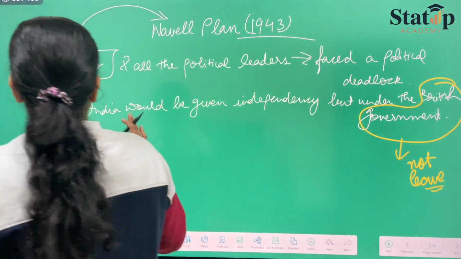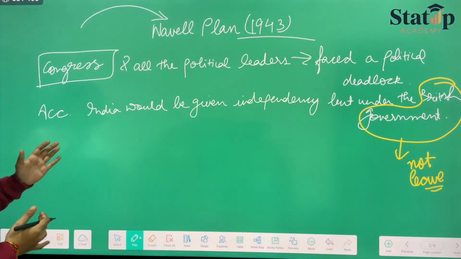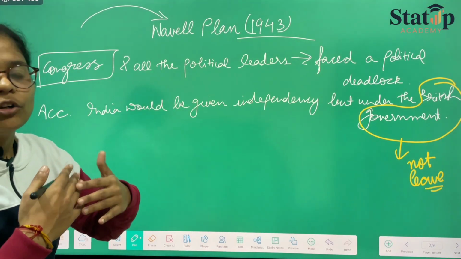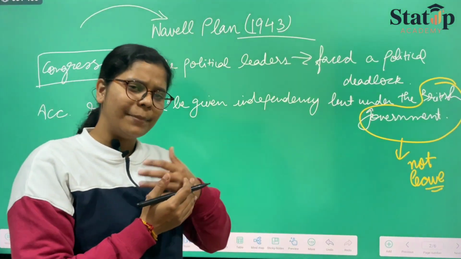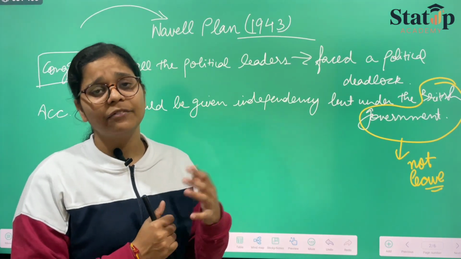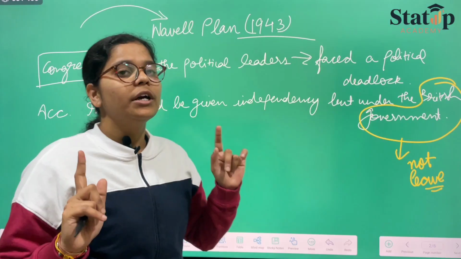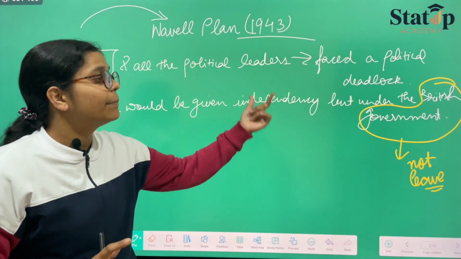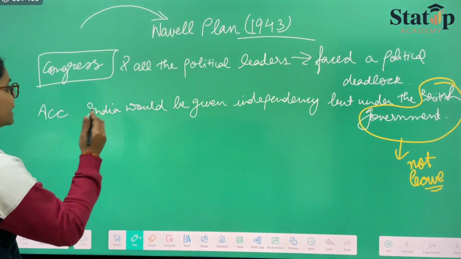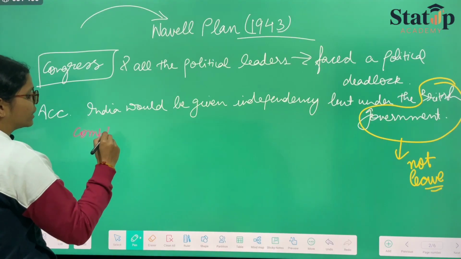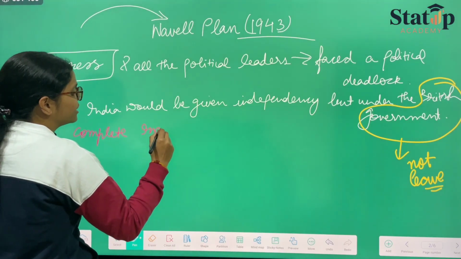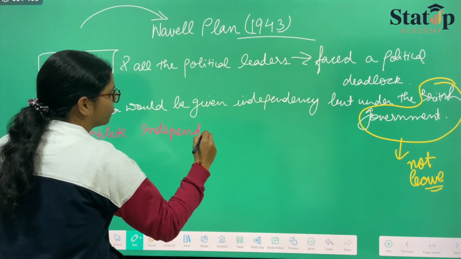Now the Congress leaders and all of the leaders, they said that we shall not be combining with you, we shall not be coordinating with you, and we shall not be part of you anymore. Now what do we want? We just want independence, we just want complete independence. You can write it as complete independence was the motto.